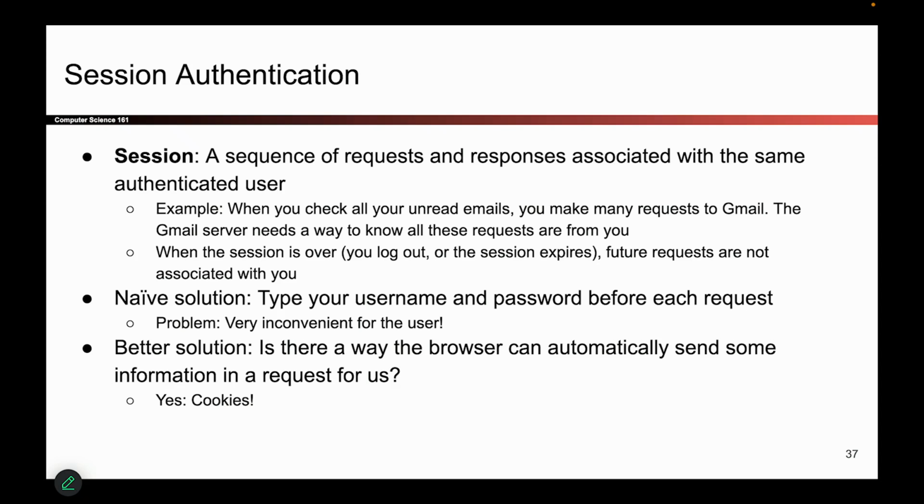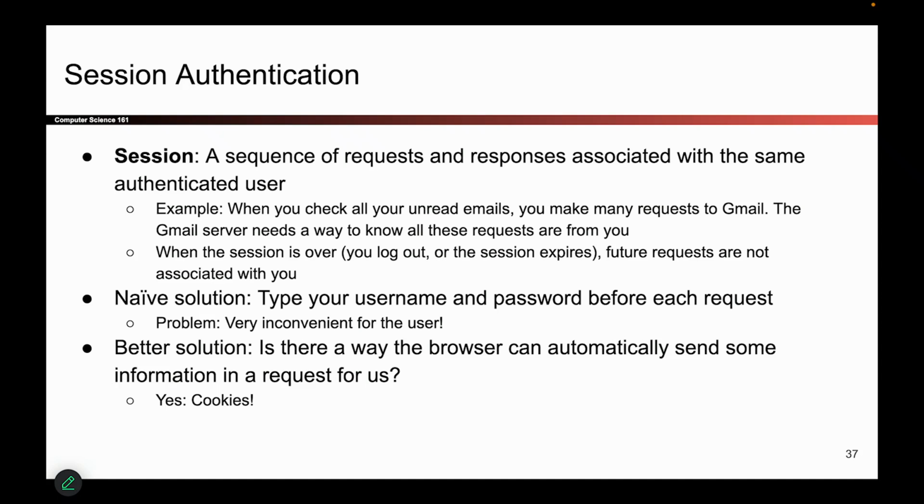Now the question is, how does Gmail know that all of the requests and responses during your session, when you're checking your email, are all associated with you? Remember that each request and response is independent, so the naive solution wouldn't be able to associate every request and response with you. So the most naive solution, the dumbest thing we could do, is to have the user type the username and the password before every single request.